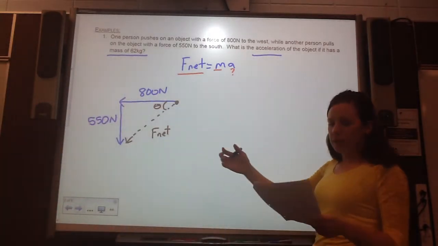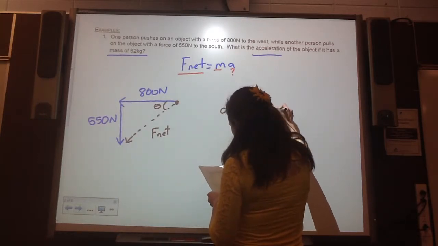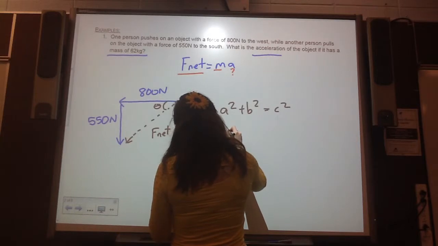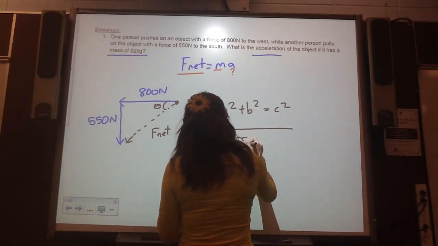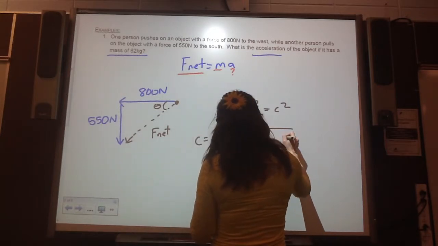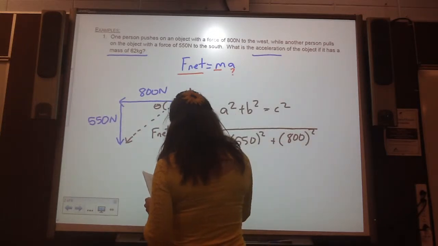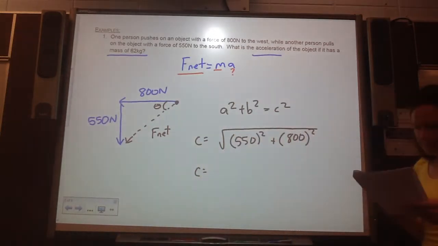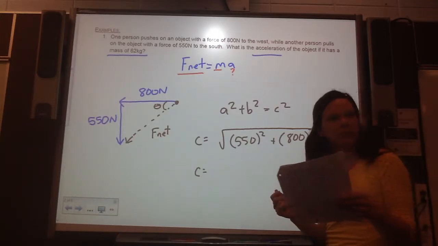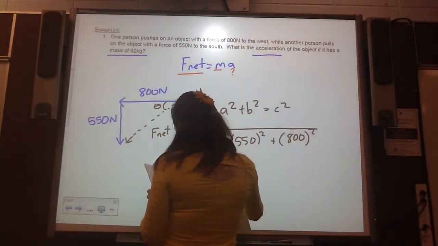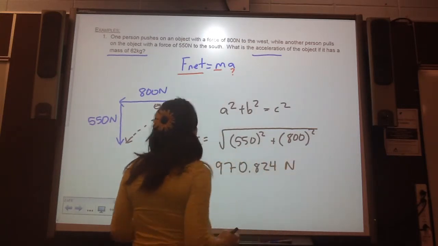So first you find the magnitude of your F net. You can use a squared plus b squared is equal to c squared. So rearrange to solve for c is the square root of 550 squared plus 800 squared. 970.824, and this is all in newtons.